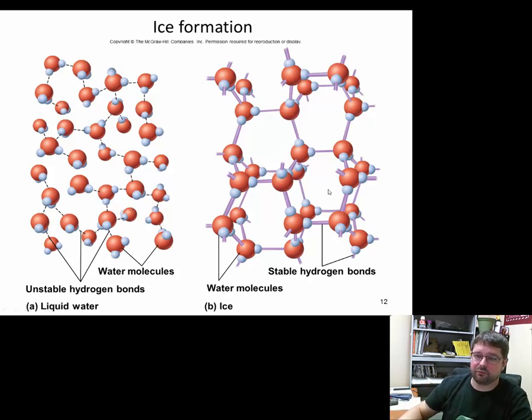And then you can see water in the ice form, where these molecules are spaced evenly or fairly evenly apart from one another. And they're not as dense as this, therefore this floats on top of this, and that over there would sink. And that's the premise behind density. It's just how tightly packed a molecule is.